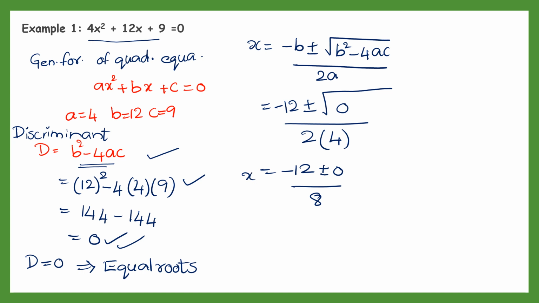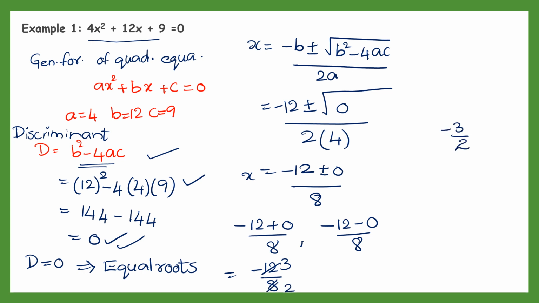So what are the roots? One root is (-12 + 0) / 8, and the other root is (-12 - 0) / 8. So -12 / 8: 4 threes are 12, 4 twos are 8, so one root is -3/2. The other root is also -12/8, which is -3/2. So both roots are real and they are equal.